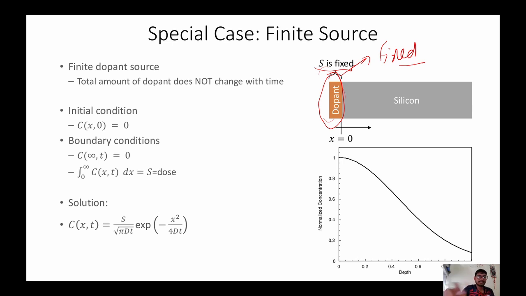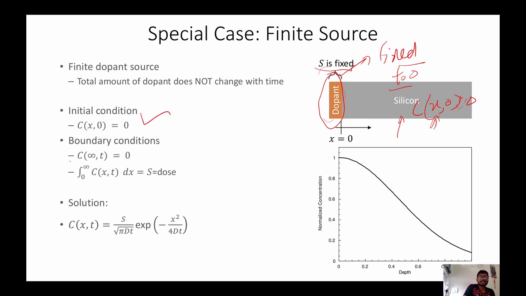Now, this is silicon, and at t equal to 0, C(x,0) is equal to 0. At time zero, there is no dopant concentration inside the silicon. This is the initial condition.